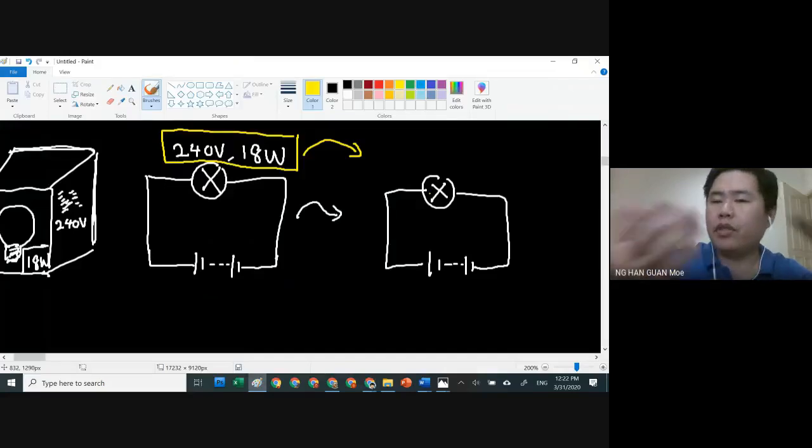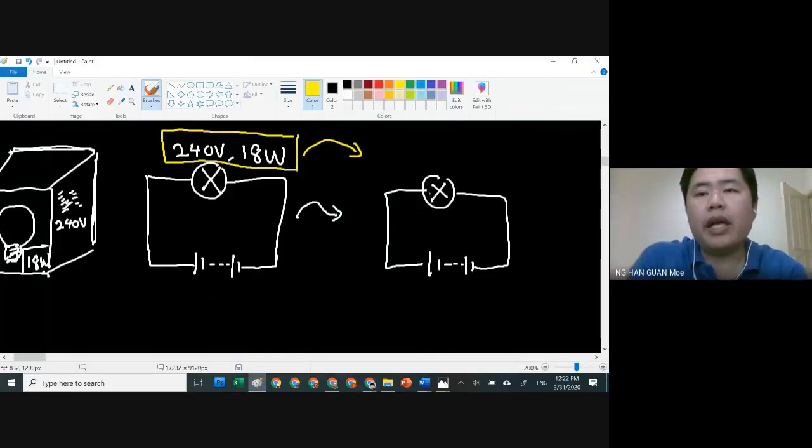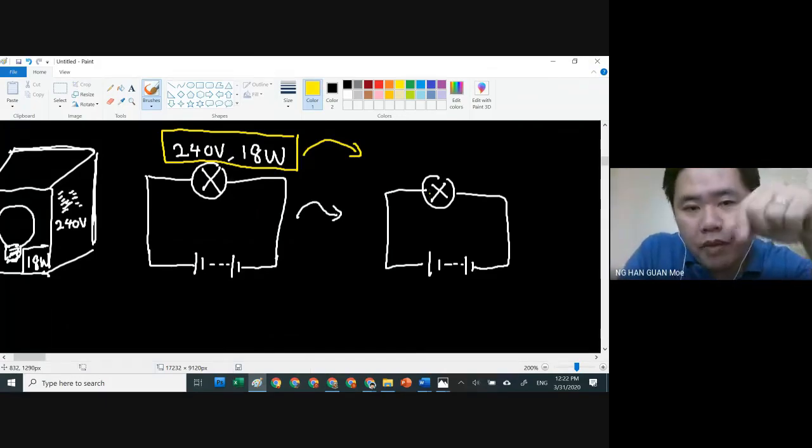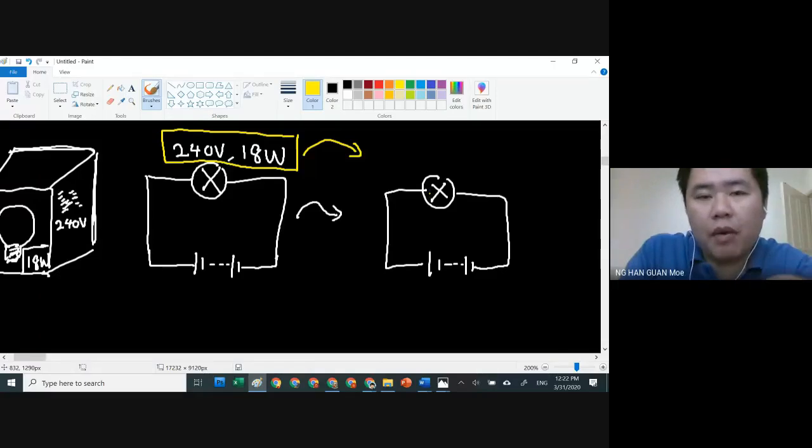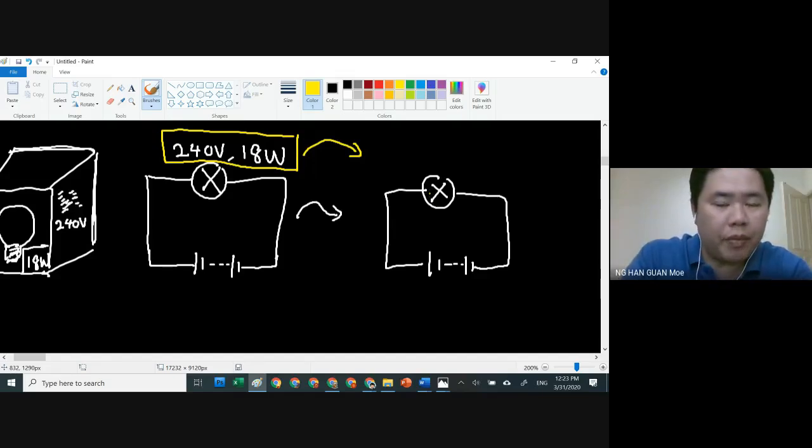If it's still a bit confusing, now I tell you why we must know the constant value. If you go back to the previous definition of this power rating, as I told you, when the power supply from the source is 240 watt voltage, then the energy consumed every 1 second will be 18 joule. That is the meaning.